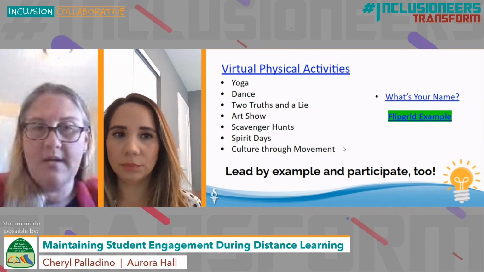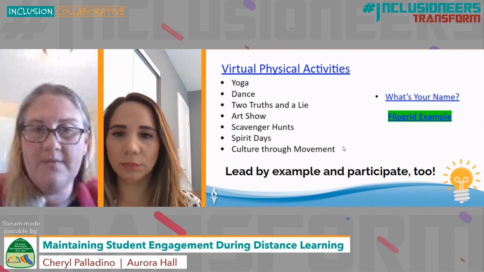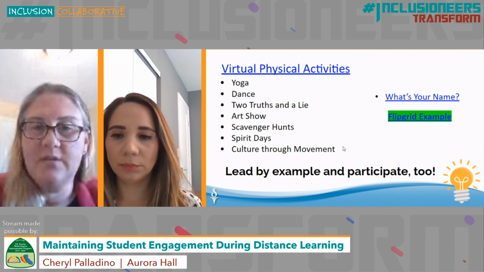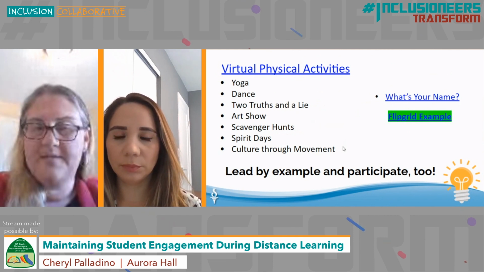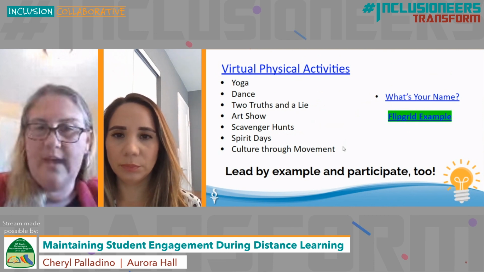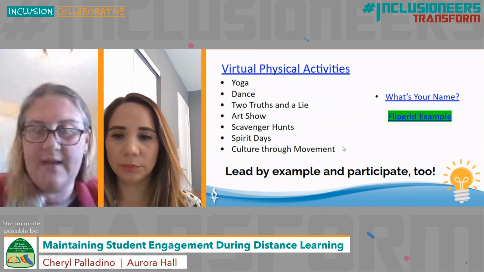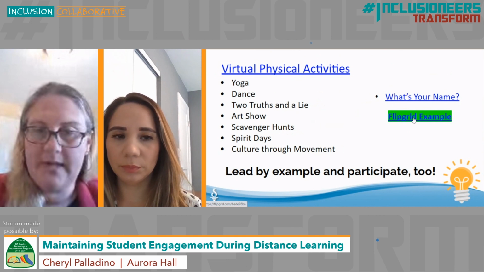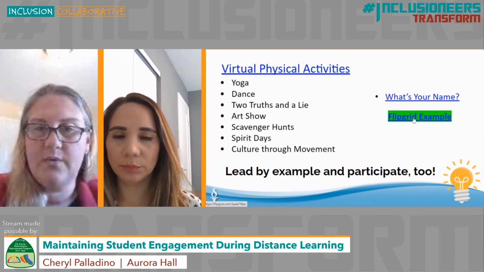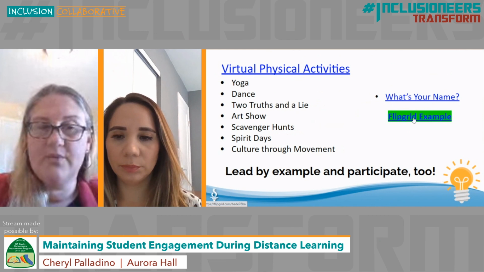For example, on here we have one of the physical activities called What's Your Name? This is an example of a resource we found online, but we created a Flipgrid for students to answer to. If you're not familiar with Flipgrid, that's a way for students to answer using a video, right?